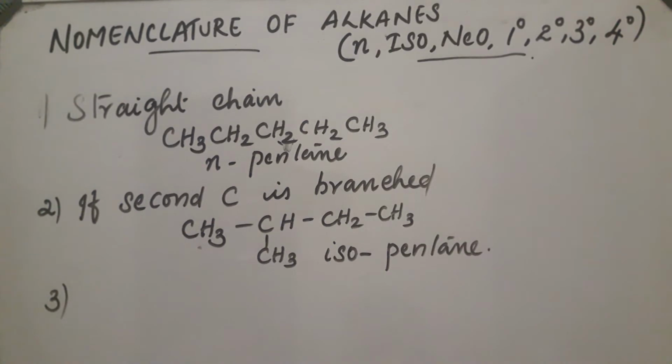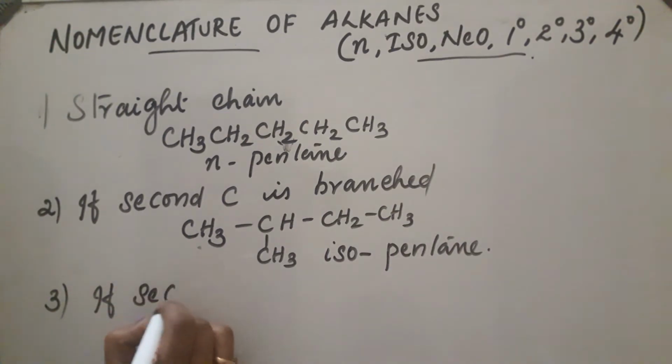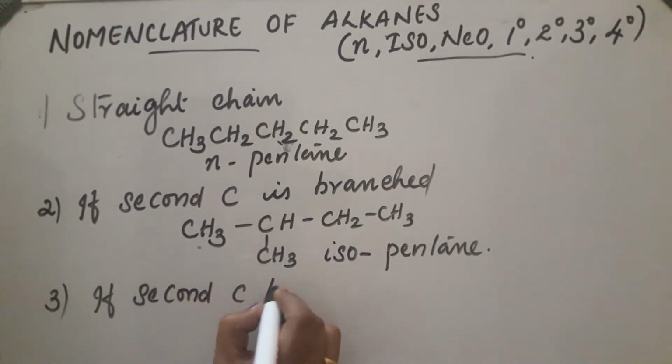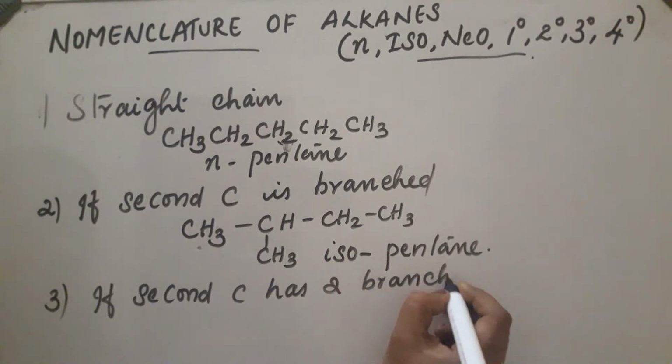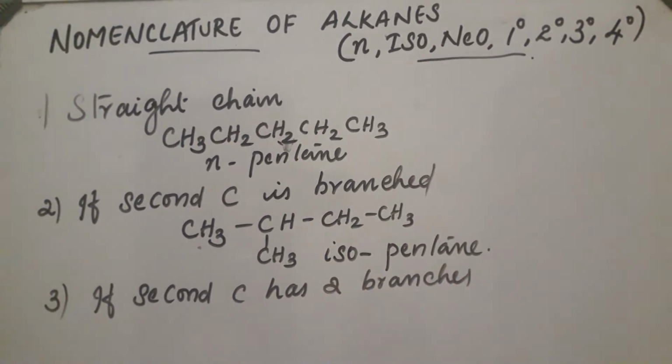If the second carbon has two branches, in this case the second carbon has only one branch. If the second carbon has two branches, according to the common naming system or trivial naming system, we use a prefix neo.